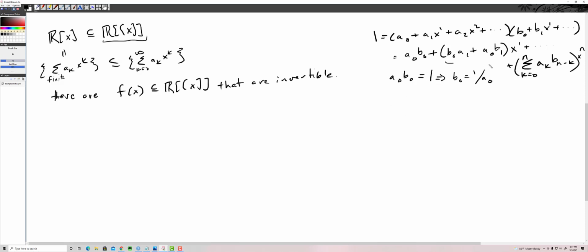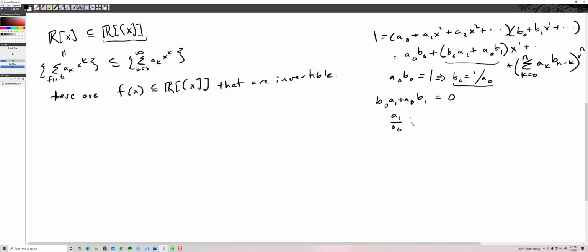And then I take this thing here. What does that have to equal? There's no power of x to the first on this side, so this term has to equal 0. Okay? So b0 a1 plus a0 b1 has to equal 0. And look, I have my b0 here, so I can plug this in. I have a1 over a0.